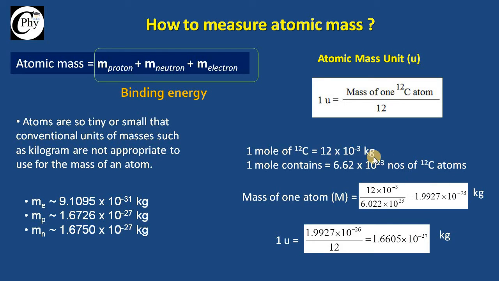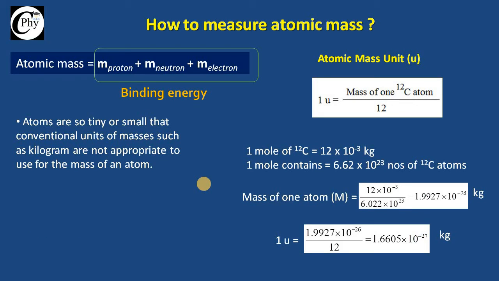This is Avogadro's number. Therefore, the mass of one atom will be 1.9927 × 10^-26 kg, and therefore one atomic mass unit will be equal to 1.6605 × 10^-27 kg.